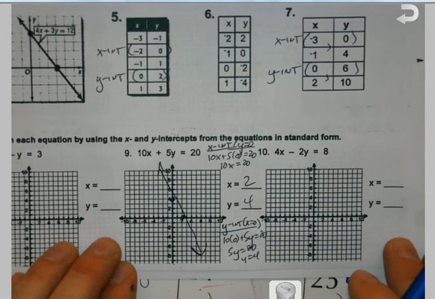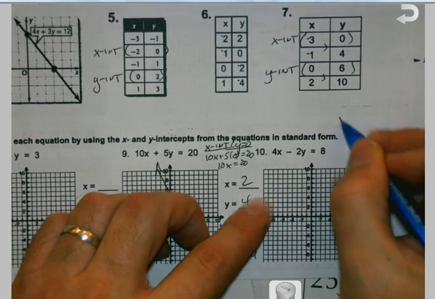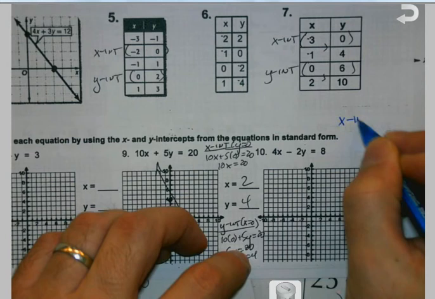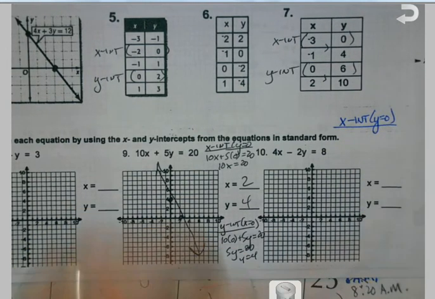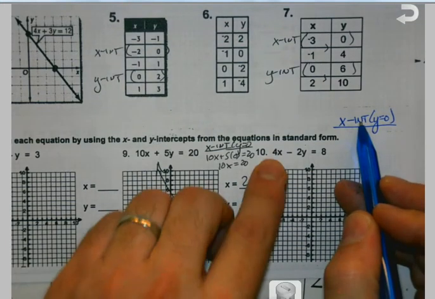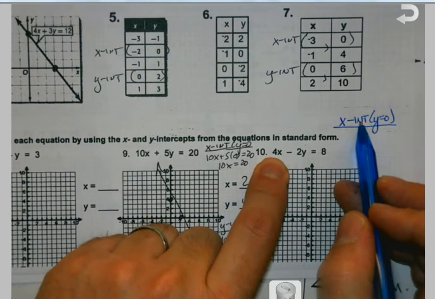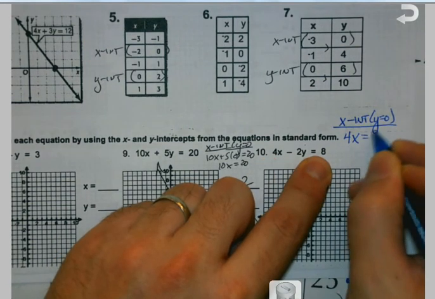If I'm looking for my x-intercept, I know that y is going to equal 0. So here's the cool thing. If I'm looking for the x-intercept, I'm just going to take the x part of the equation, and I'm going to set it equal to the answer.